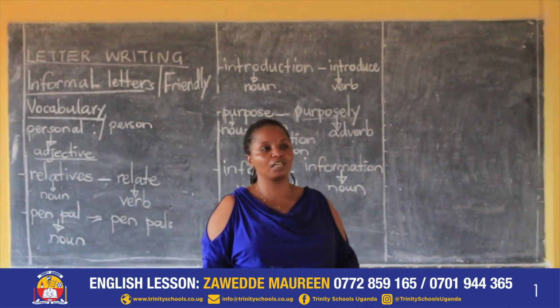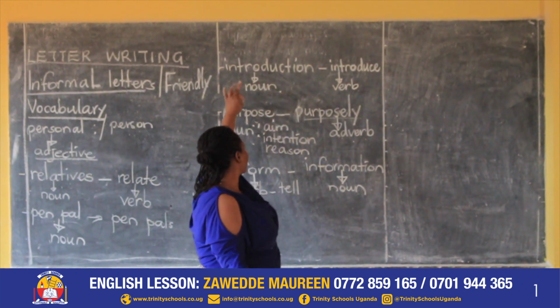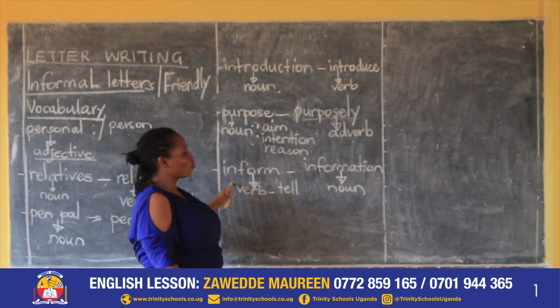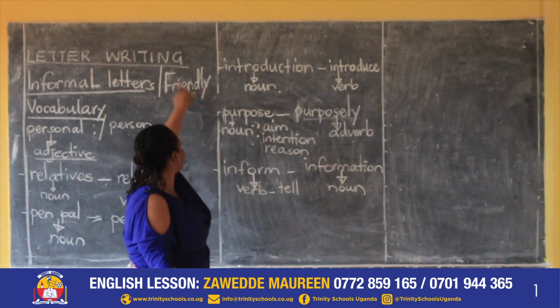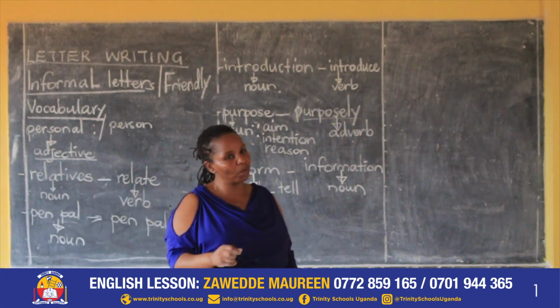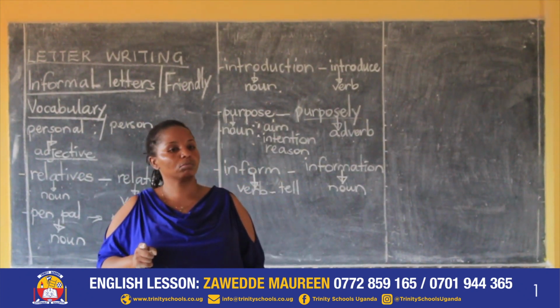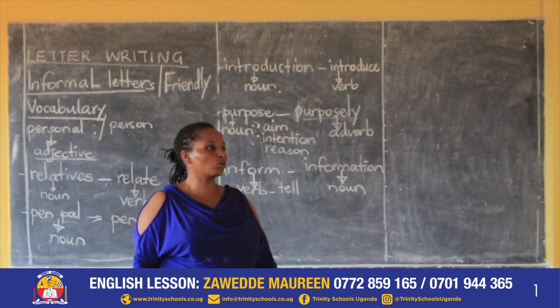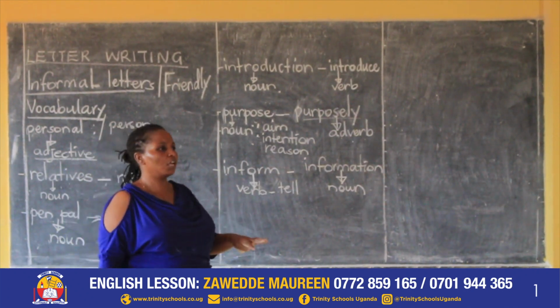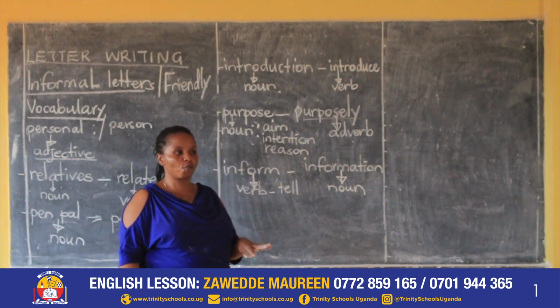So personal letters, we write them, as I said, to friends and family. Since the word is friendly, that means that the information you're giving should be friendly too. When we are writing personal letters, let us share friendly information. So even the vocabulary we use should be friendly.